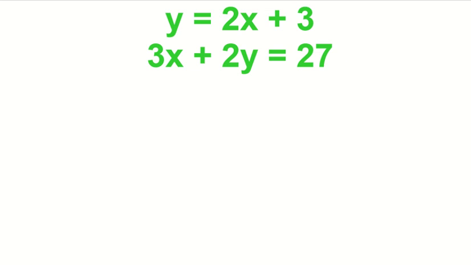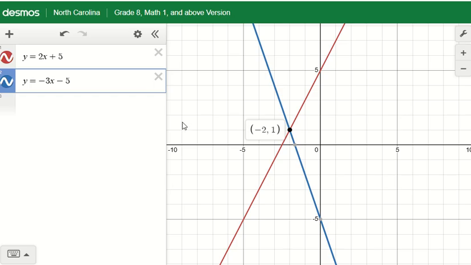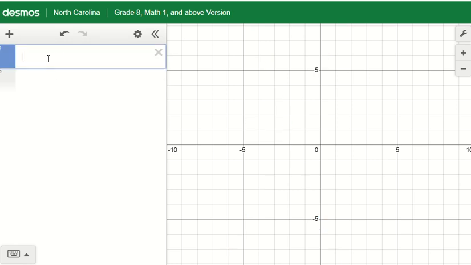So just like the other one, we take this, we put it into Desmos. So we got our y equals 2x plus 3 and 3x plus 2y equals 27. When we go to Desmos, we just put them in exactly like they looked.